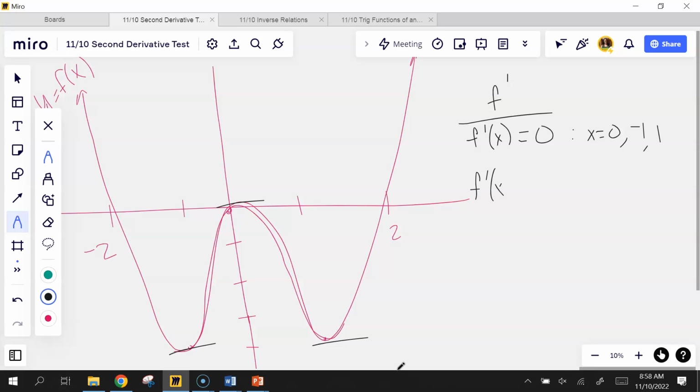Where is the first derivative positive? So for positive, I'm looking for what? Intervals where it's increasing. So where is my function increasing? 1 to infinity.